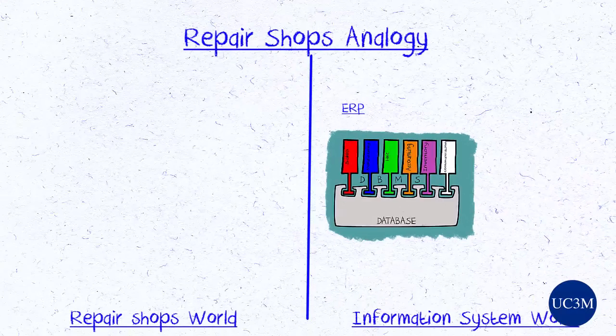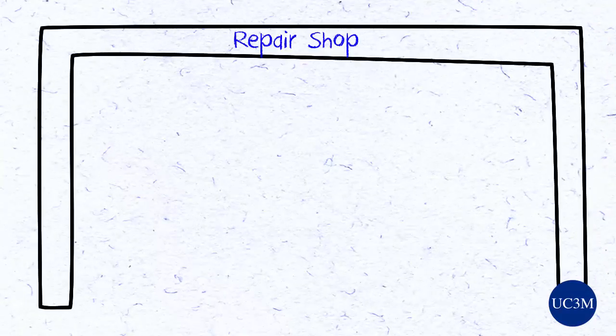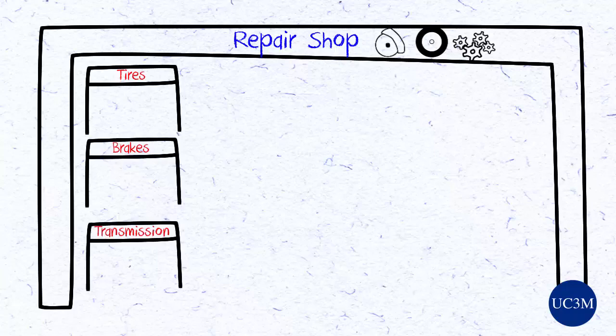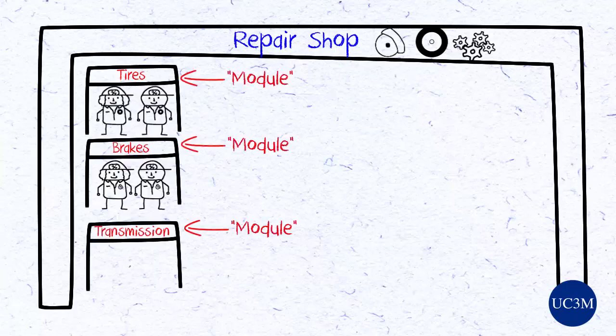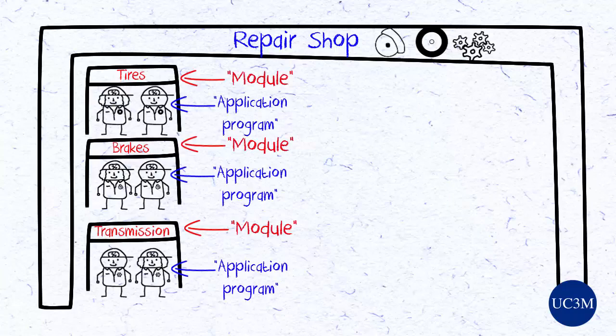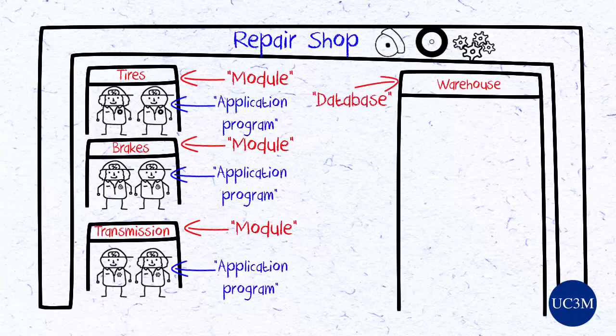In our analogy, an ERP is a comprehensive repair shop that can carry out maintenance operations involving several specialties. It would be organized in semi-independent specialty shops or sections, the modules, each encompassing a team of specialized mechanics, the application programs. There would be, however, a single warehouse, the database, staffed by a team of stockroom operators, the database management system.